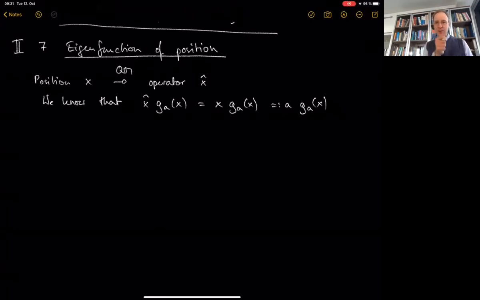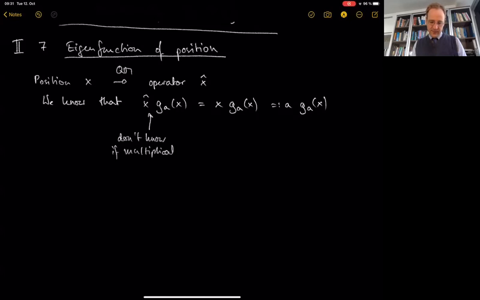And your X position from your operator, that's also a number, right? So this guy, we don't know if multiplicative. At least not a priori.